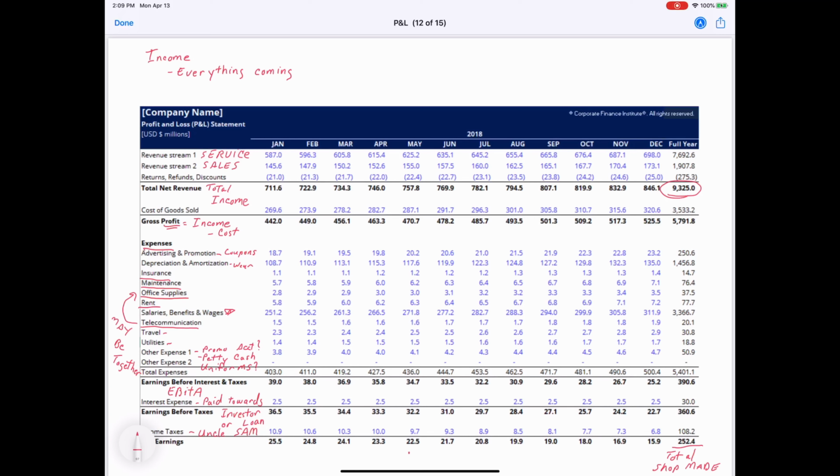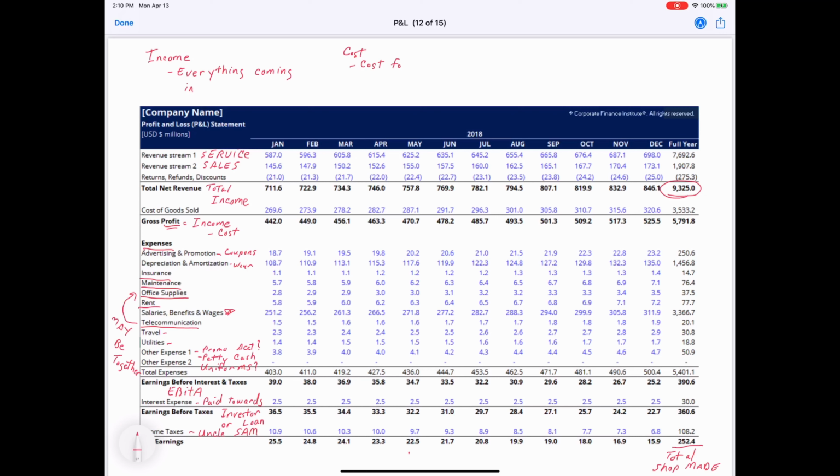Cost is literally what you paid for the parts. You can break that down by month, by week, or by job if you wanted to. But cost is what you paid for the parts. And if you do income minus cost, that's going to give you profit.